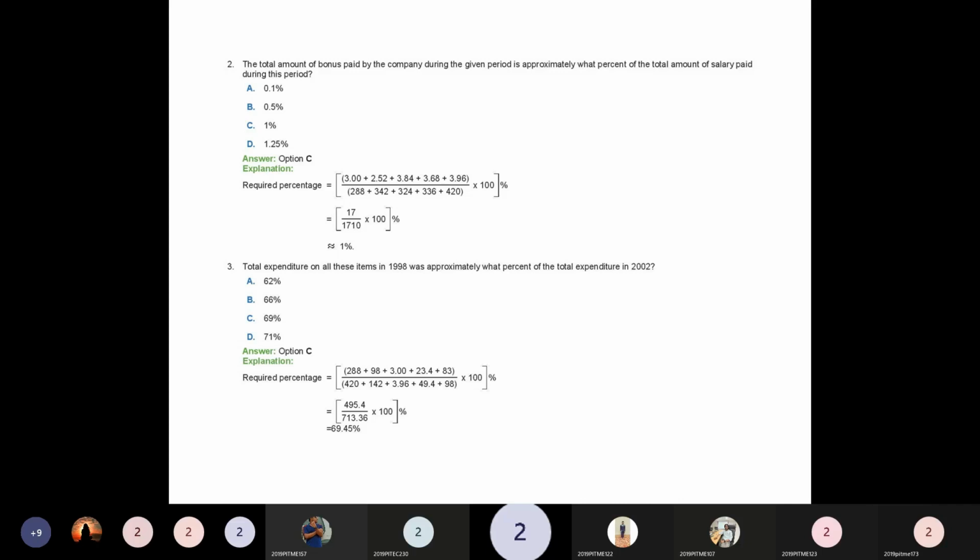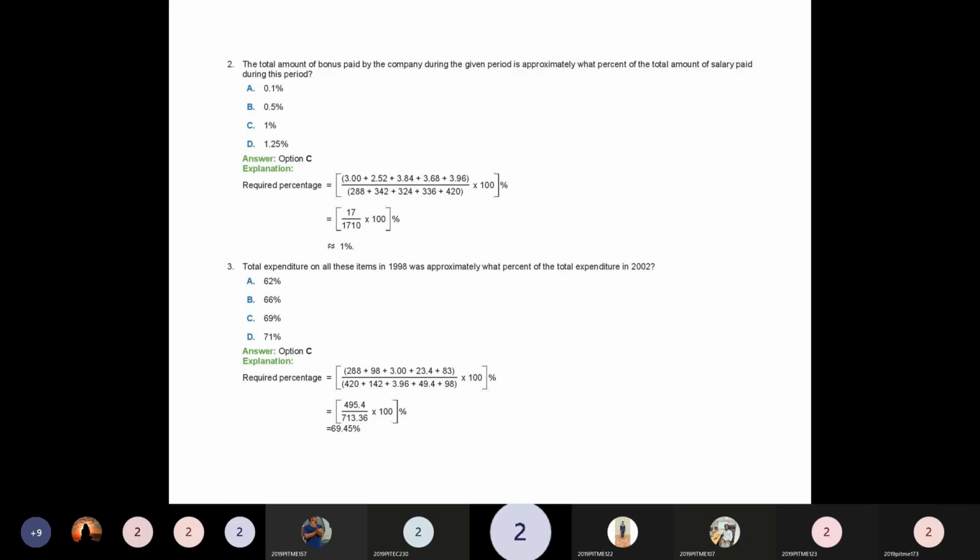So what you do is, you take the amount of bonus paid by the company divided by the amount of the salary paid by the company in the last 5 years, into 100, and it will give you the percentage.